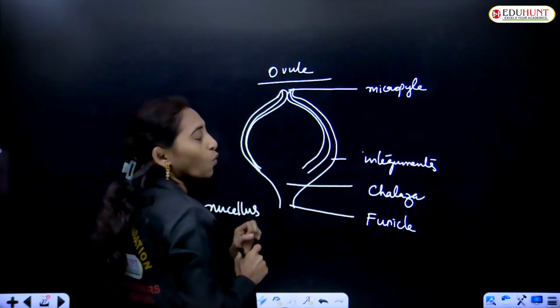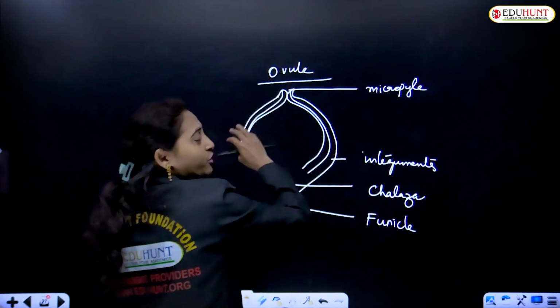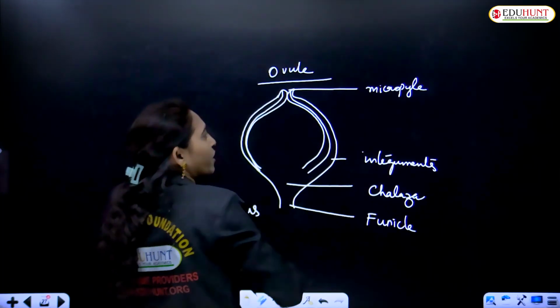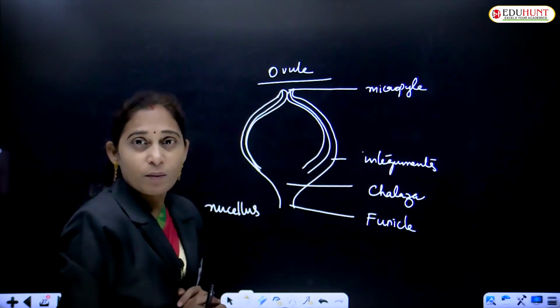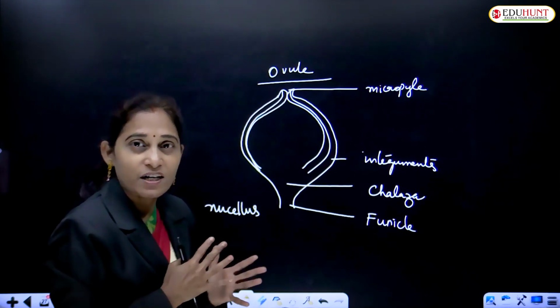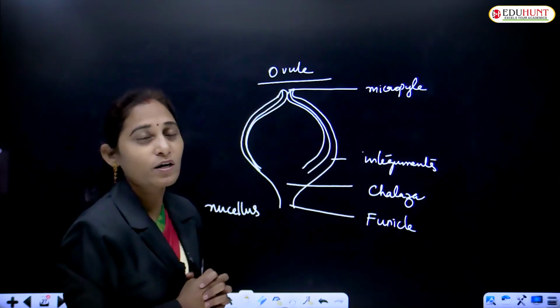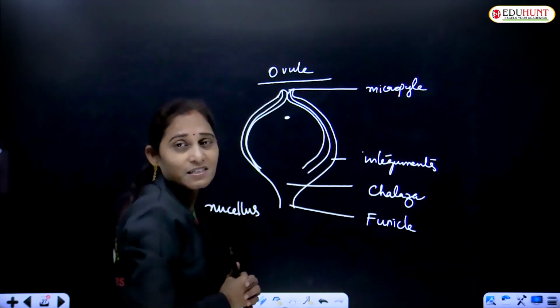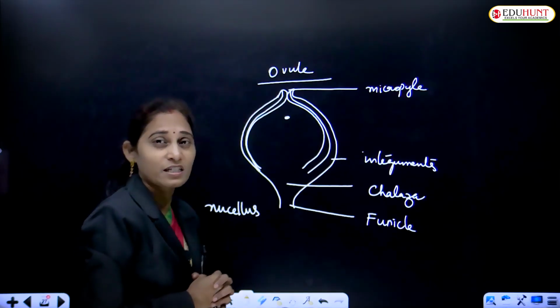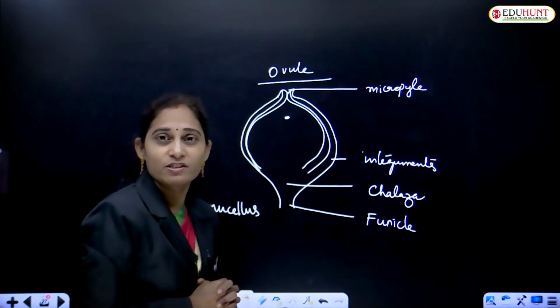In this ovule, from the nucellus near the micropyle region, the megaspore mother cell gets differentiated. Only a single megaspore mother cell gets differentiated from the nucellus near the micropylar region.